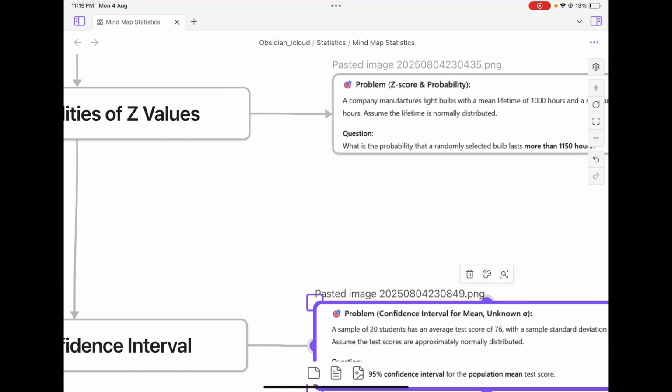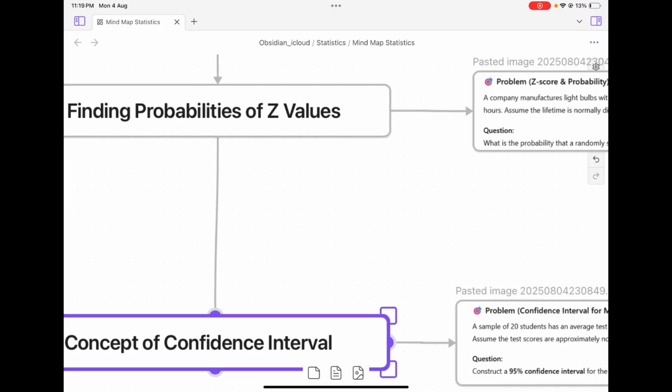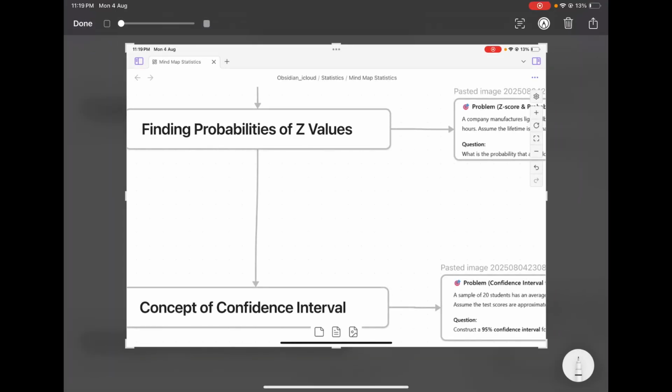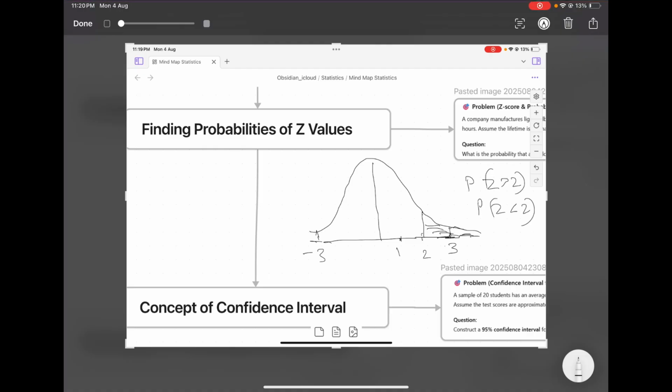So once more, let us see how this works. You have a normal distribution. First you find the Z value, and we locate the Z value here, corresponding to 3 and minus 3. It can be 1, or 2, etc. If you want to find the probability for Z greater than 2, this corresponds to the area here, and Z less than 2 corresponds to this area.